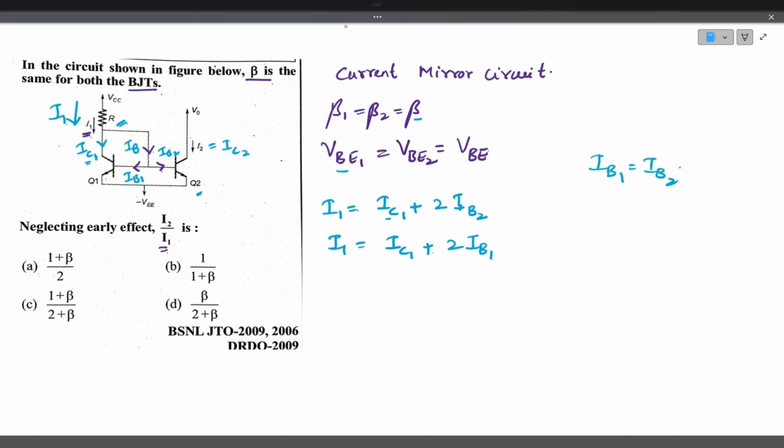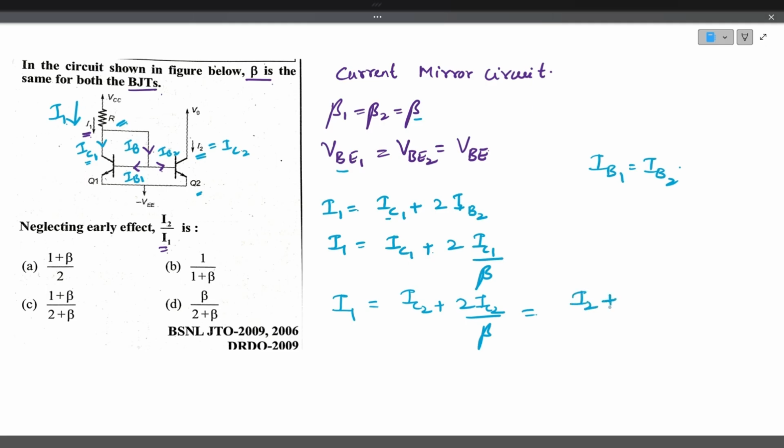Now this IB1 you can replace as IC1 divided by beta. So I1 is equal to IC1 plus 2 IC1 by beta. Similarly, you can write I1 is equal to IC2 plus 2 IC2 divided by beta, where IC2 is given as I2.